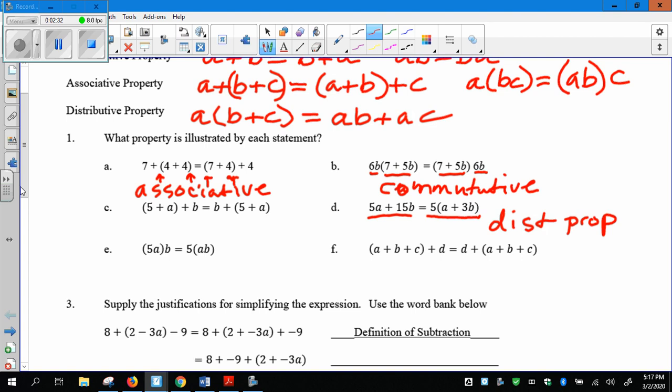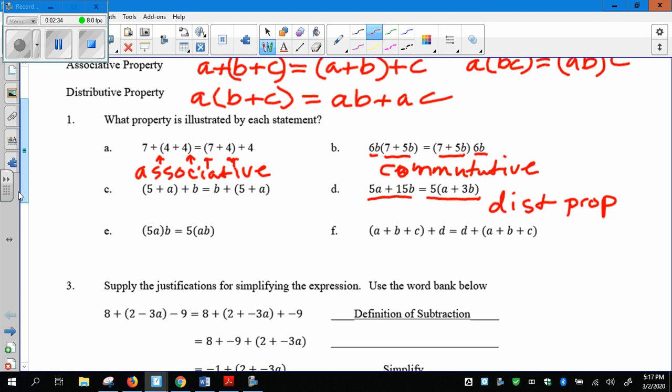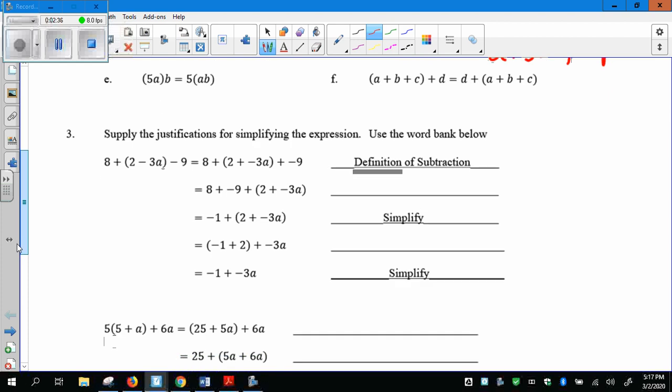All right, let's move on here. And in the next set, we are going to try to figure out which of those three properties are being used. So again, you only have to worry about the commutative property, the associative property, and the distributive property. So what we're looking at is right here, and then right here.